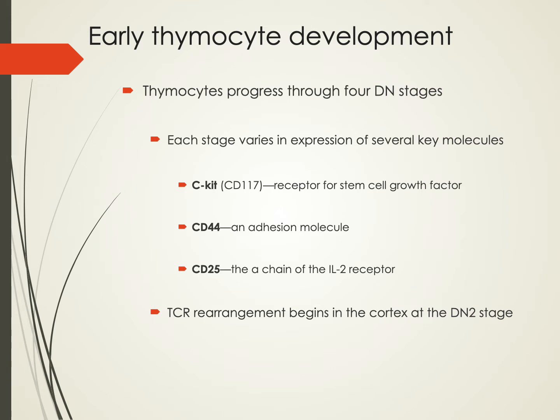It's also going to express CD44 as an adhesion molecule, and then it increases expression of CD25, which is the IL-2 receptor. So IL-2 is very important in the development of the T cell, but also later on in the activation of the T cell. And then obviously the T cell receptor also is going to undergo rearrangement during the development.